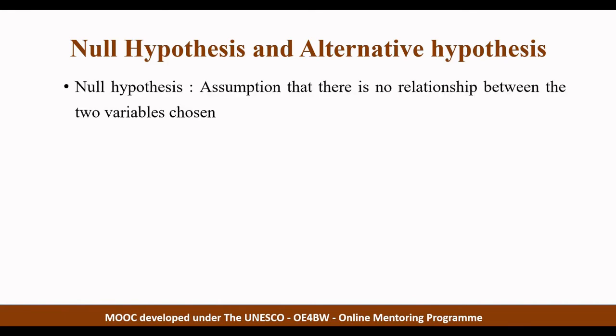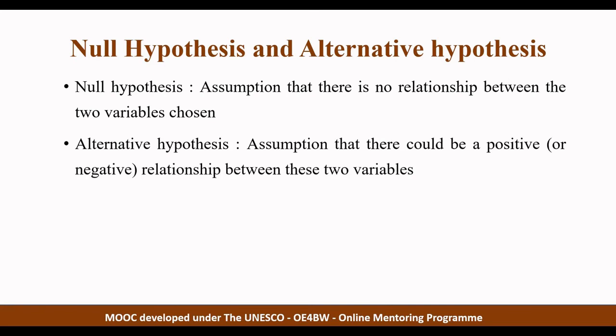Null hypothesis is when the researcher assumes that there is no relationship between the two variables chosen. You may now also understand that in such a case, the two variables considered would be of independent type. Alternative hypothesis would be an assumption different from the null hypothesis, where the researcher hypothesizes that there could be a positive or negative relationship between these two variables.